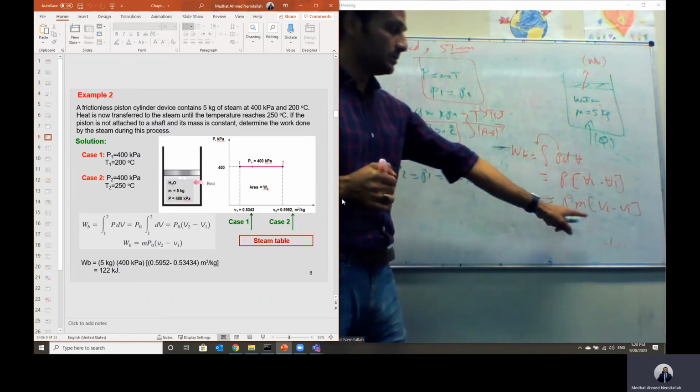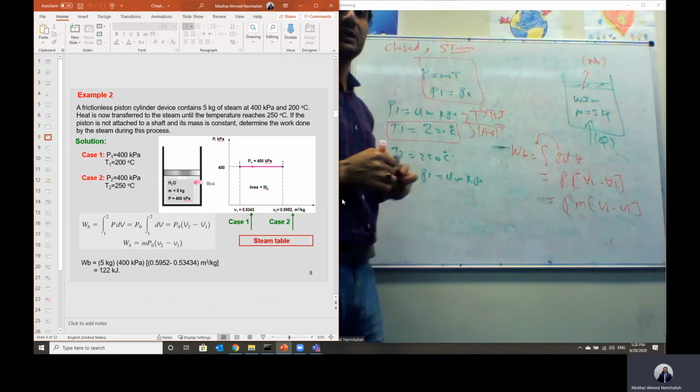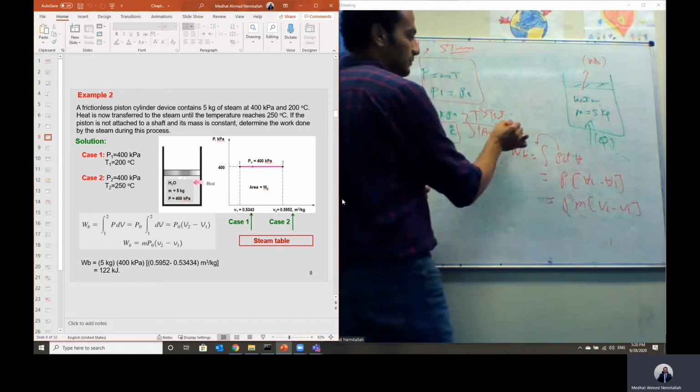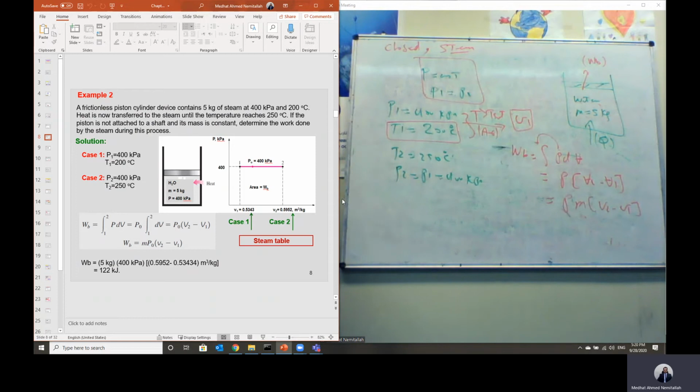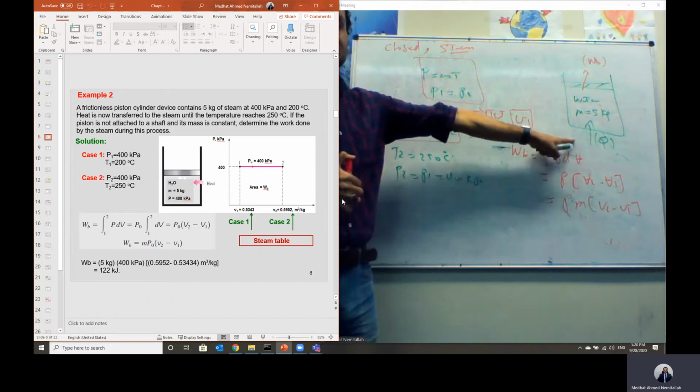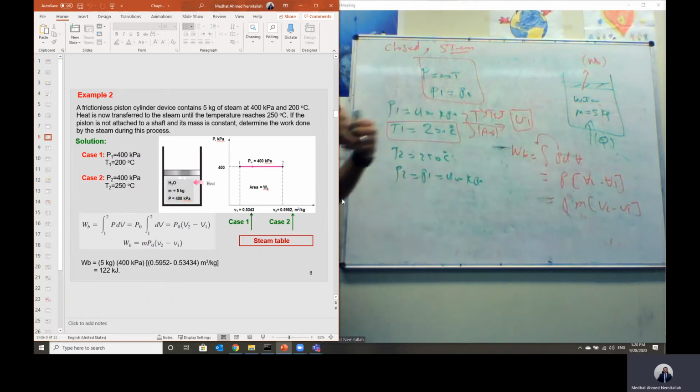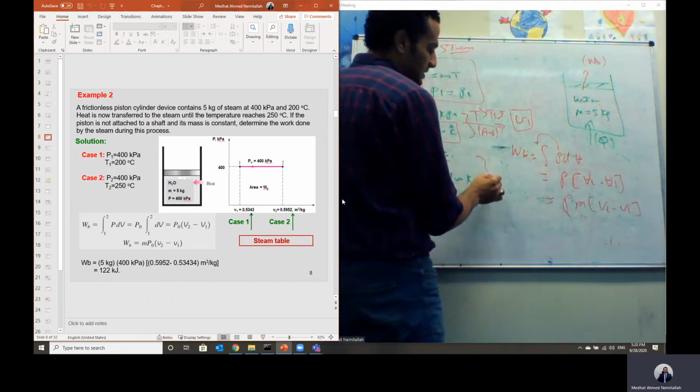I need to calculate the boundary work, so I need the specific volume v1 and the specific volume v2. From this table, we can get the value of the specific volume v1, and the state is superheated. Now, if the state is superheated and at the same pressure we added heat, it will continue superheating. So the second state will also be superheated.